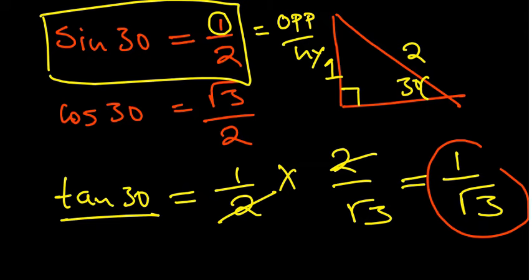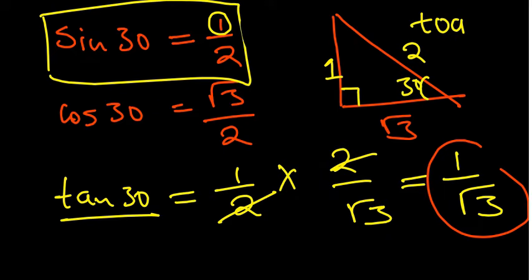If you use Pythagoras theorem, you find that the missing side is root of 3. If you try to find tan directly, TOA in SOHCAHTOA is tan equals opposite over adjacent. Opposite is 1 and adjacent is root of 3, so it is actually the same, 1 over root of 3.